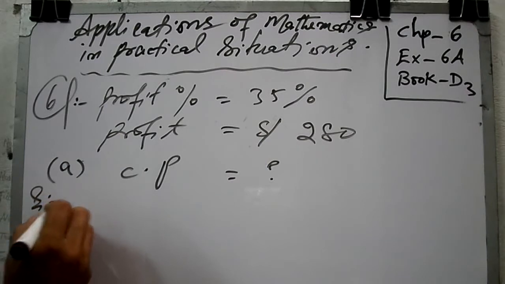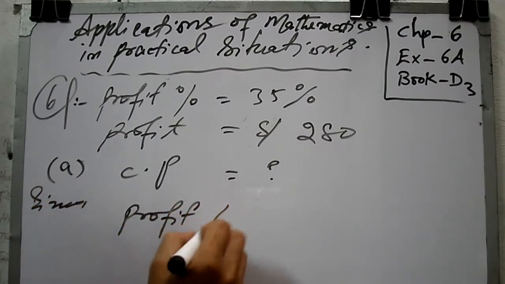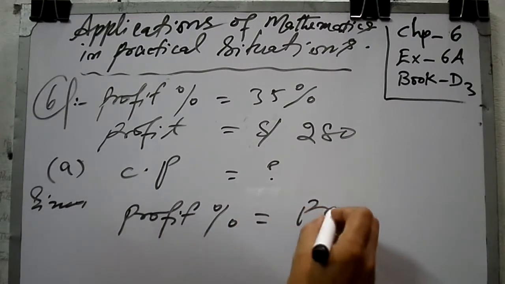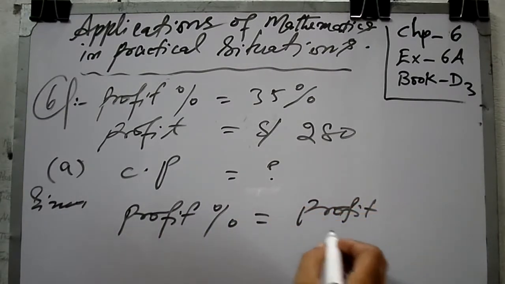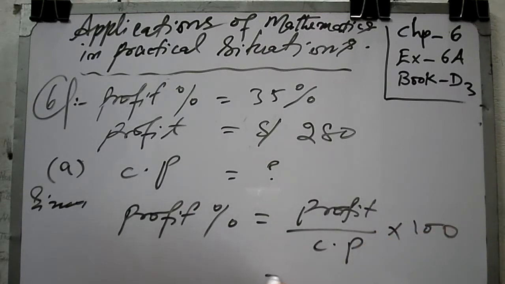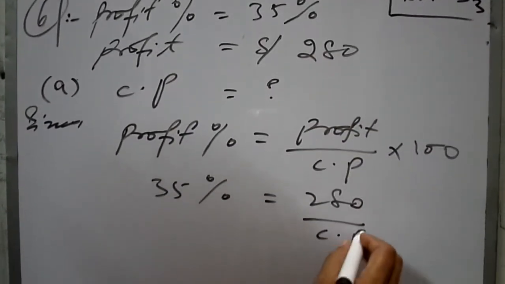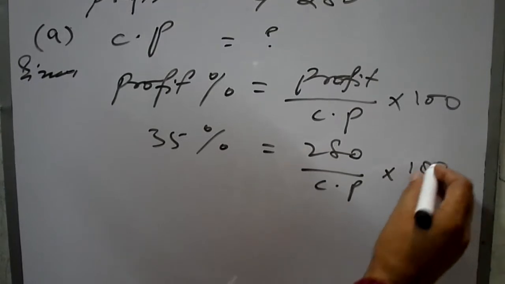So since we have a formula, that is profit percentage, so profit, this formula should be memorized, by cost price multiplied by 100. So putting the values, 35% is your profit, 280 divided by cost price multiplied by 100.